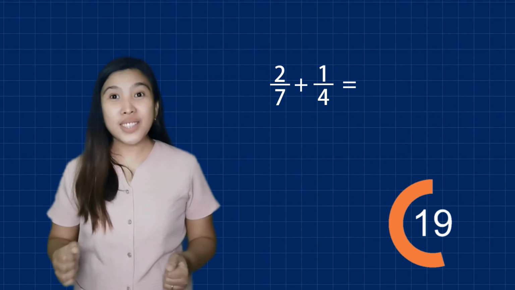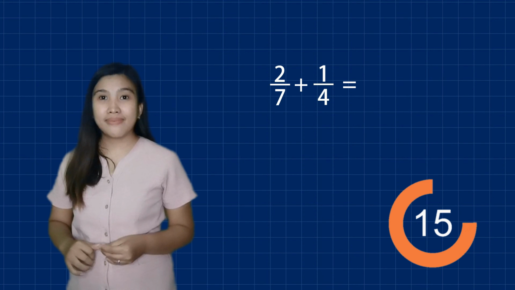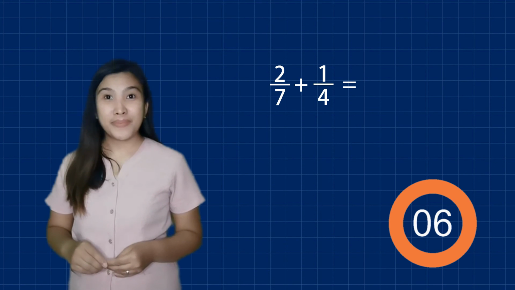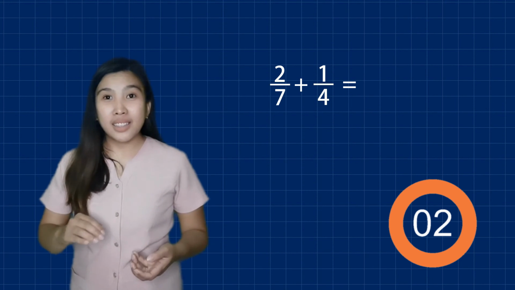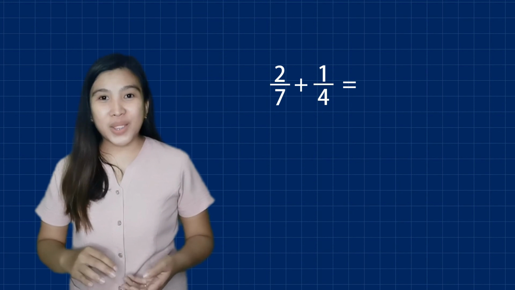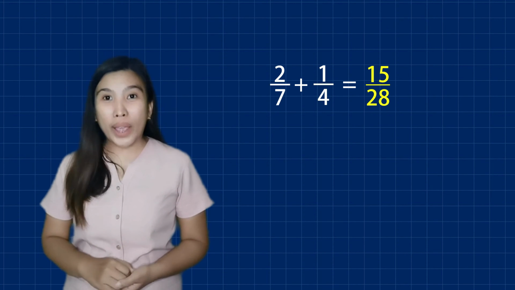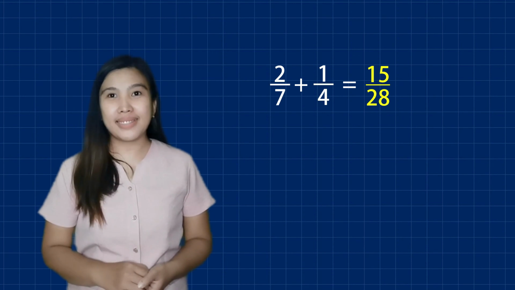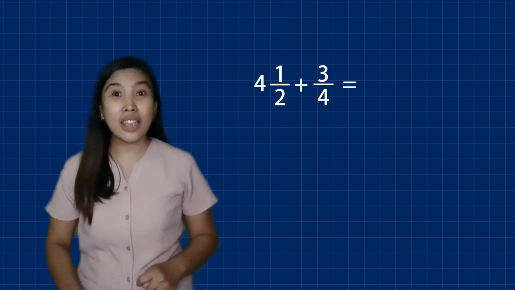Don't forget to type your answer in the comment section. 5, 4, 3, 2, 1. So time's up. The answer is 15/28. Next, find the sum of 4 1/2 and 3/4.